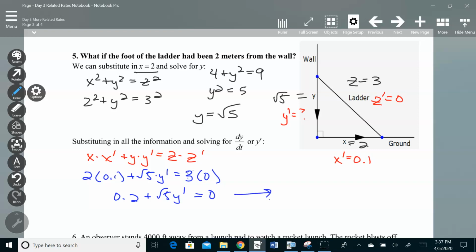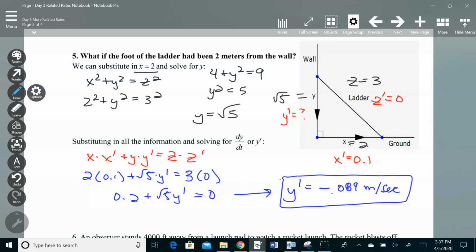If I subtract it over and divide by radical 5, I get y prime is now equal to negative 0.089 meters per second. Again, it is falling. That's why y prime is negative.